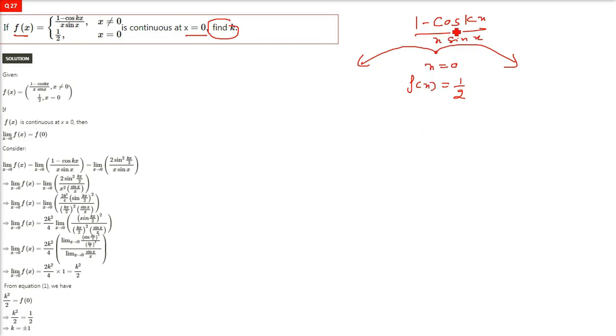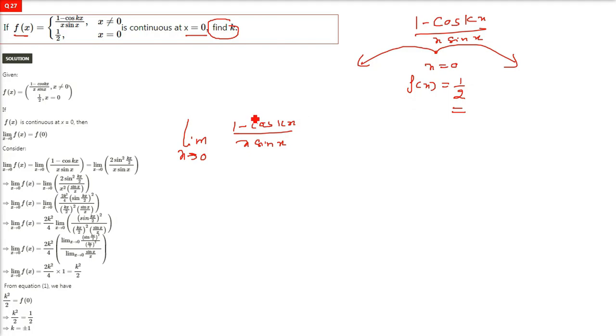So we'll just try to find out the limit, and that value of the limit we will equate to half. Why am I doing this? Because I know this 1 minus cos kx by x sin x can be solved to an extent where we can apply the limit directly without getting 0 or infinite or something, right? Okay. So 1 minus cos kx by x sin x.